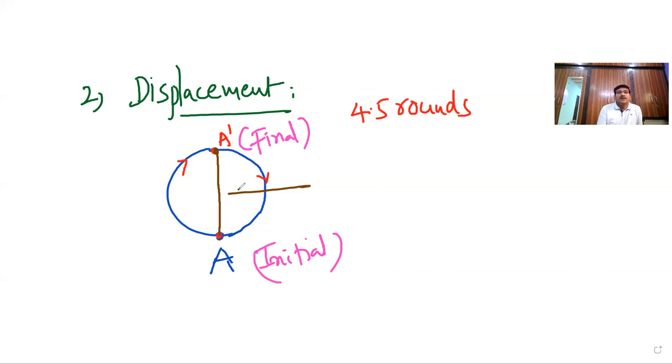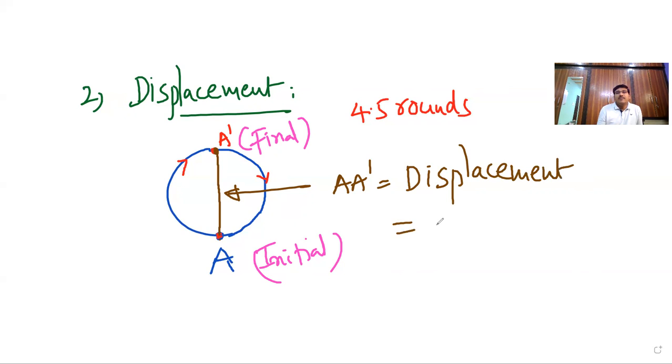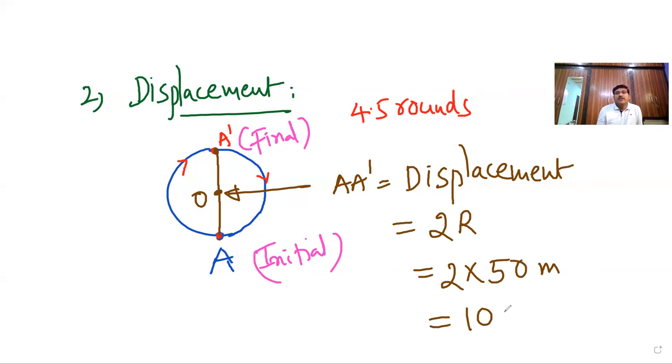A A dash is displacement, which is nothing but diameter. What is diameter? 2 into R. This is the center of the track. 2 into radius, given 50 meters. So 100 meters is the displacement.